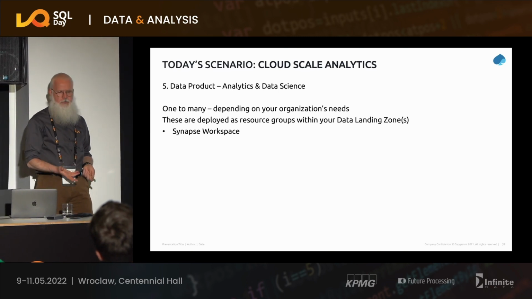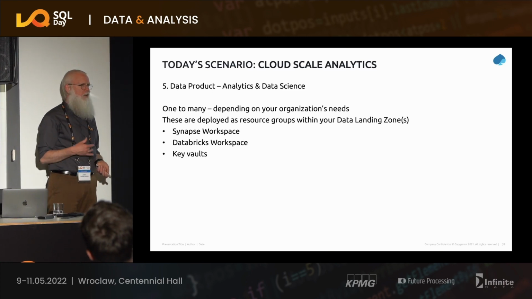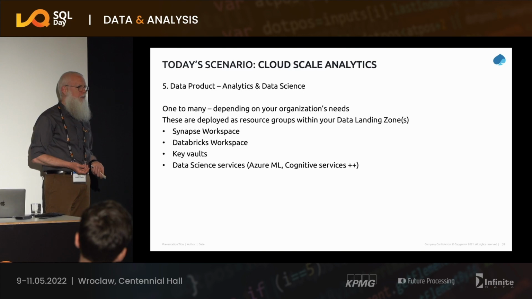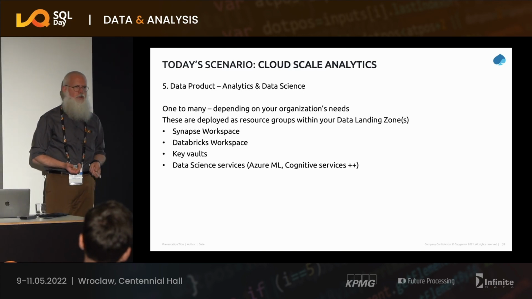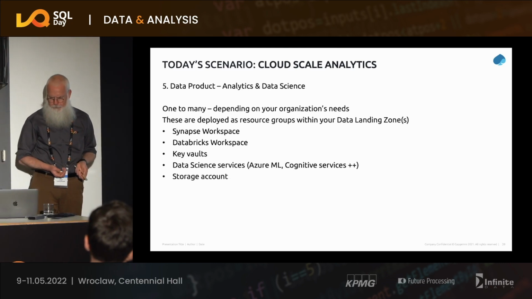And you get shared workspaces for Synapse and Databricks in these, as well as, again, key vaults connecting to these, and data science services. Typically, they want to push Azure Machine Learning and Azure AI services in here, but you can also adapt them to your needs.